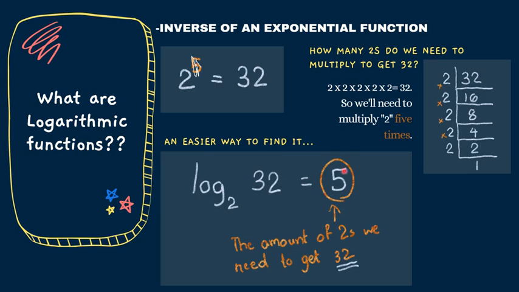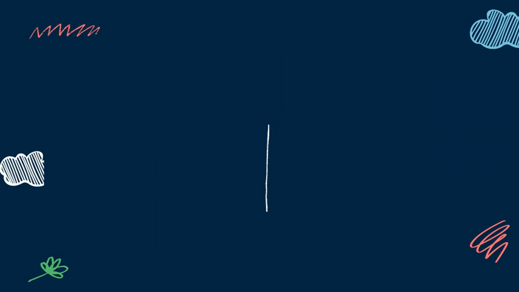And this 5 represents the exponent from the exponential function. It's the number of 2's we need to multiply to get the number 32. So that's what a logarithmic function is and how it is the inverse of an exponential function.